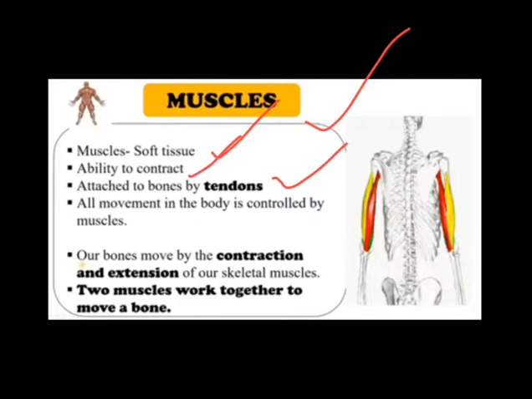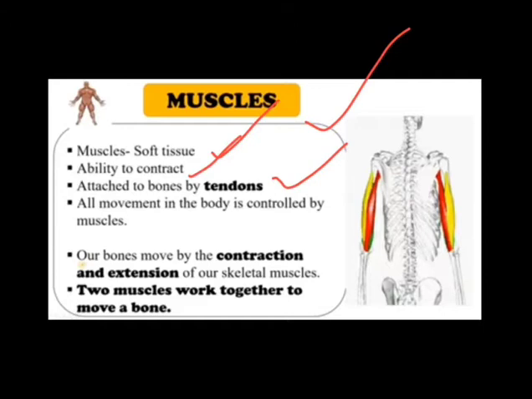The bones that are attached to the muscles help to bring about all the movements of the body, and the muscles are attached to the bones by strong fibers known as the tendons.